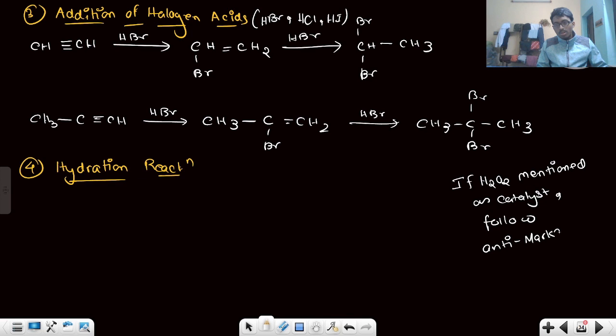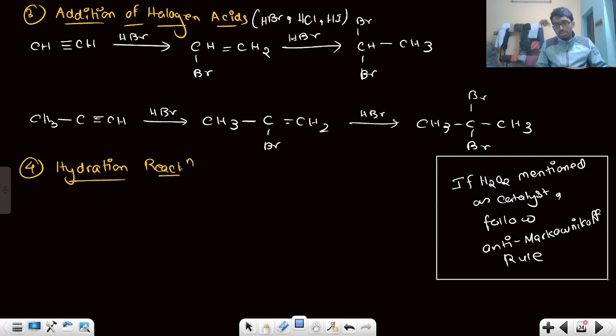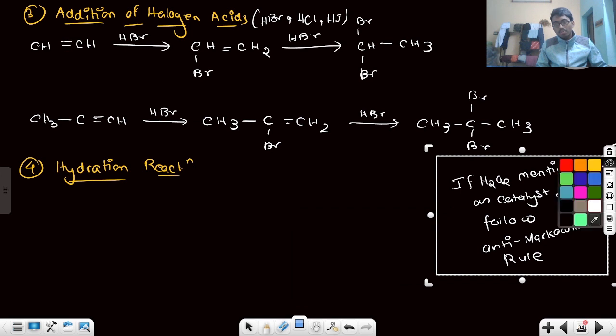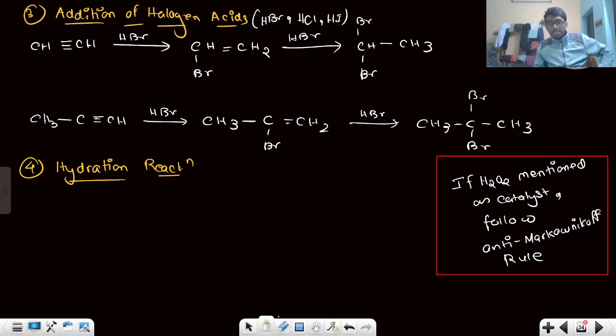Clear? If you find H2O2 mentioned as catalyst, then do not use Markovnikov's rule; follow anti-Markovnikov rule in that case. Clear? Only when H2O2 is mentioned. Here no H2O2, so don't follow.